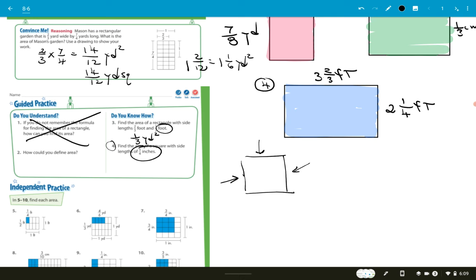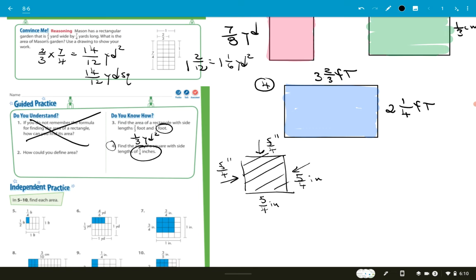So if one side is 5/4 inches, then all the sides are 5/4 inches, and you could put the 2 little marks that represent inches also.